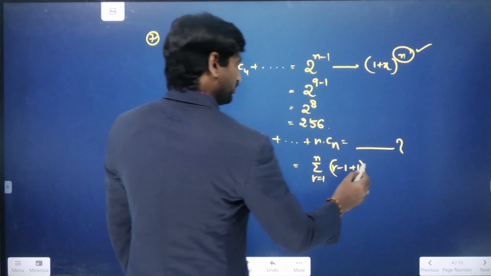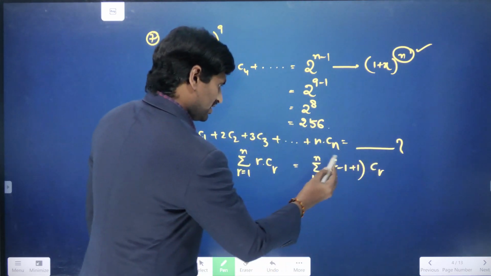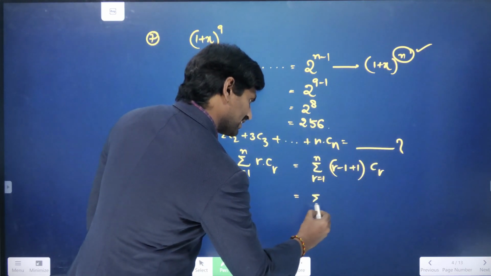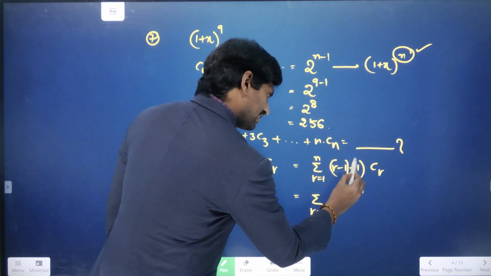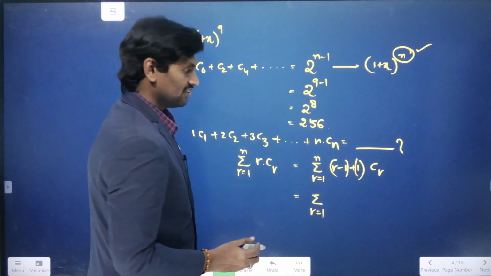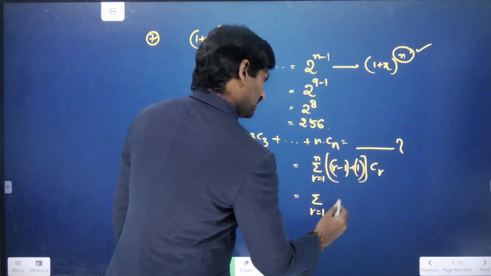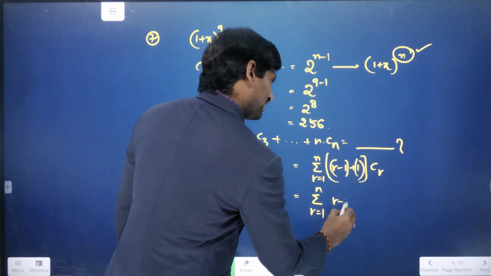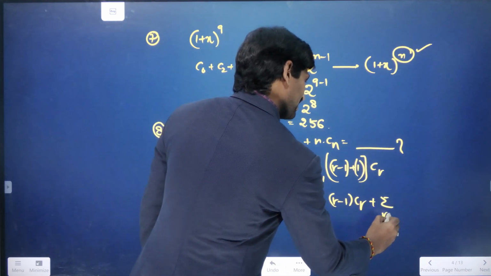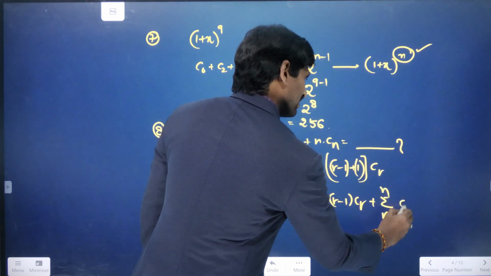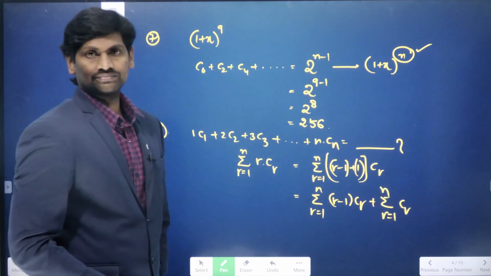Yes, into Cr. So this I am going to expand like sigma r equals 1 to n, dividing like this. That equals sigma r minus 1 into Cr plus sigma r equals 1 to n, 1 into Cr is Cr.